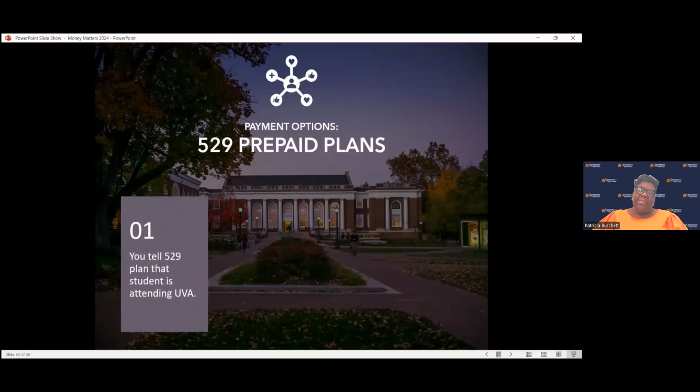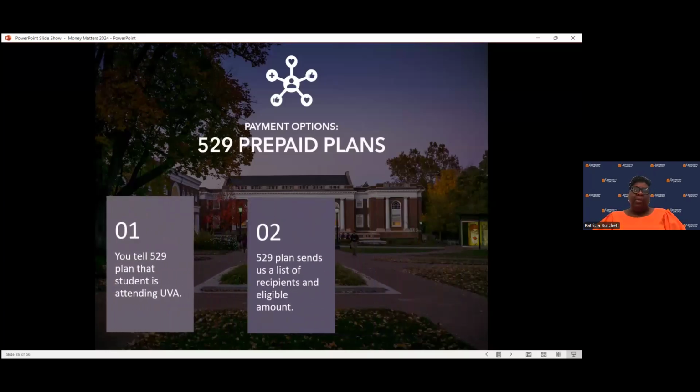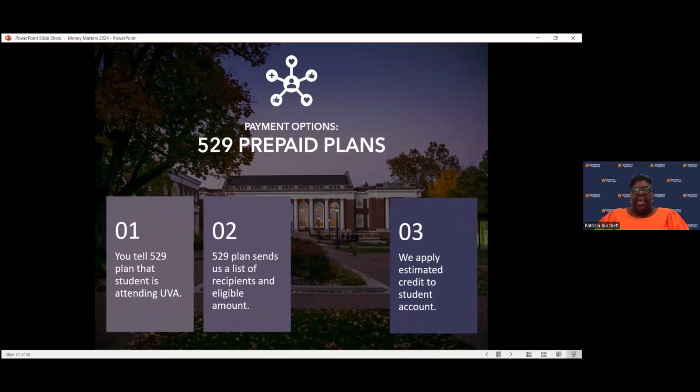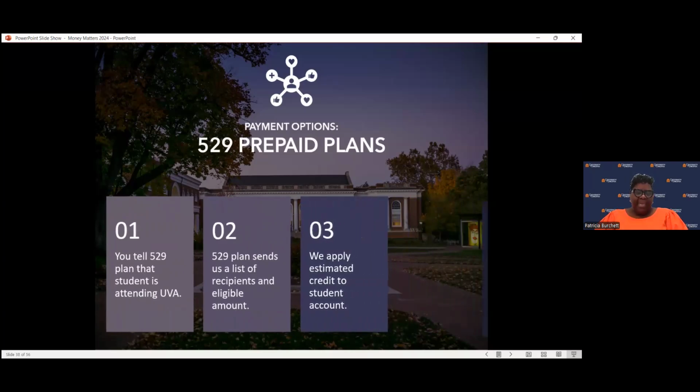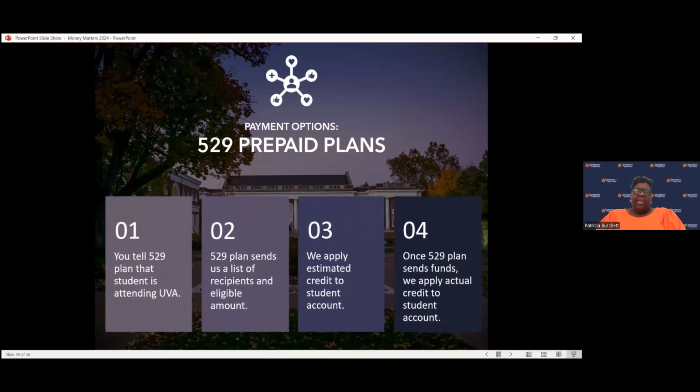And so it's a little different process with the 529 prepaid plans. You still reach out to the 529 plan, but the 529 plan needs to know that your student will be attending UVA specifically. And what that prepaid plan does is send our university a list of recipients and their eligible amounts.